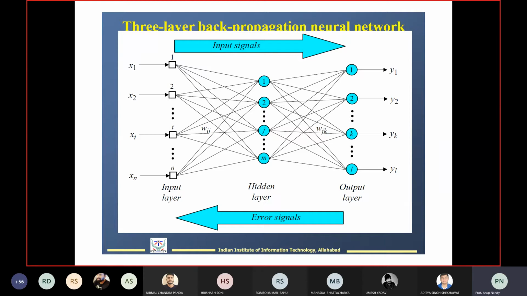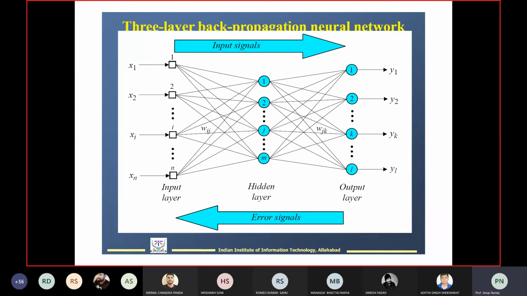When the network is trained, there is no significant change in these outputs. Then the network has been trained, and these are the optimal parameters. W and B are what you have to compute, the optimal values for which this network has been trained properly.